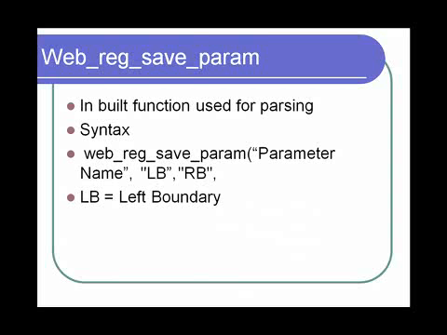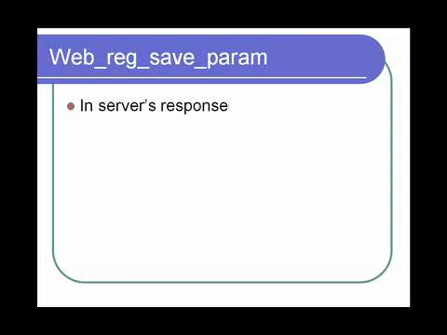In the syntax, it accepts 3 arguments: the parameter name, the LB, and the RB. The LB is the left boundary after which the value to be parsed appears. RB is the right boundary before which the value to be parsed appears.